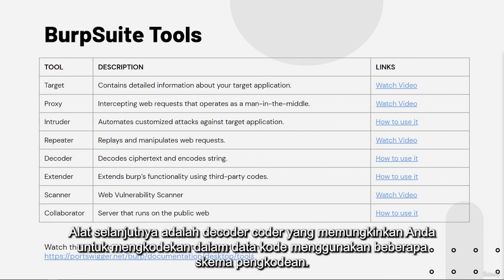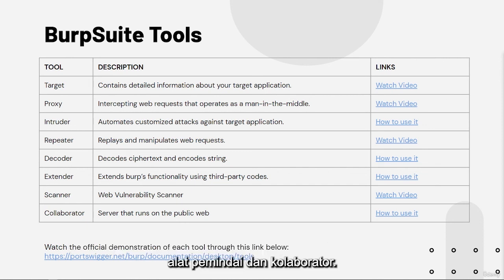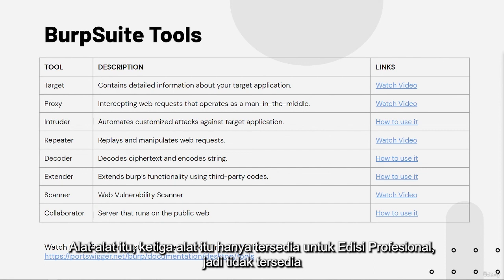Then the next tool is Decoder. Decoder allows you to encode and decode data using multiple encoding schemes, for example URL encode, base64, and common hash functions.